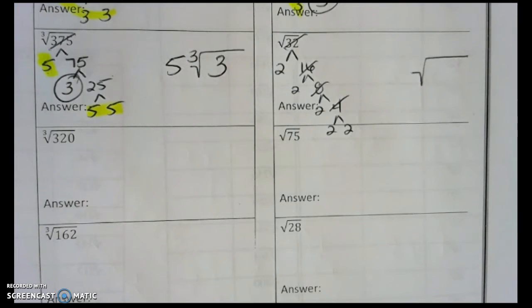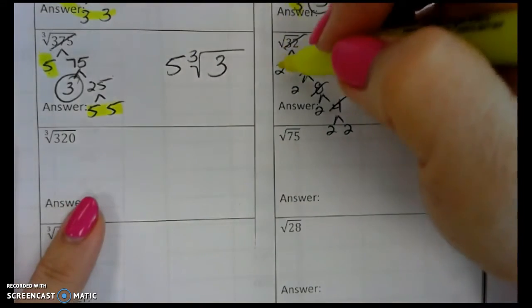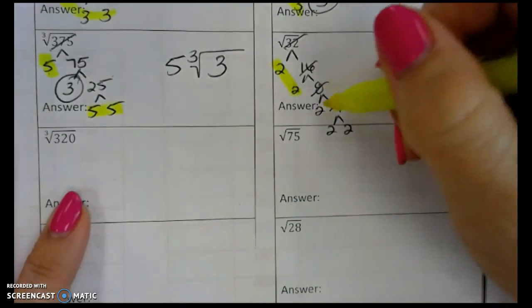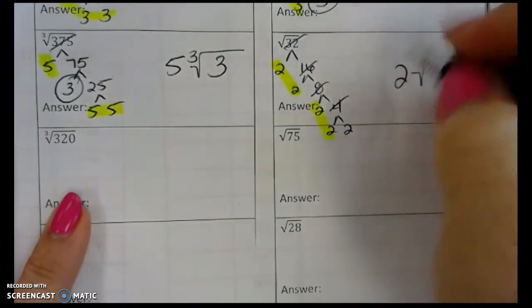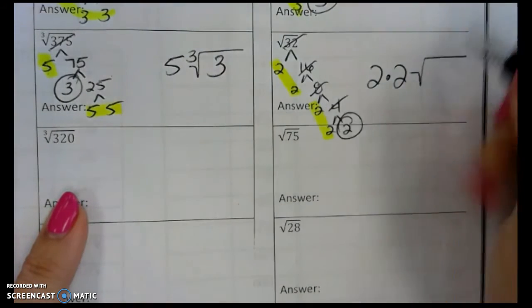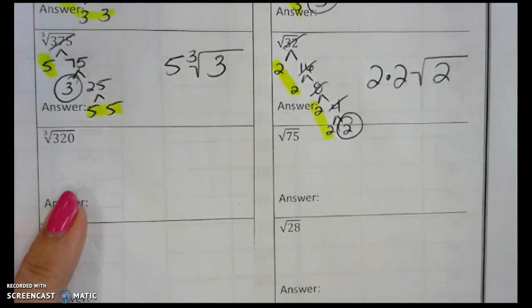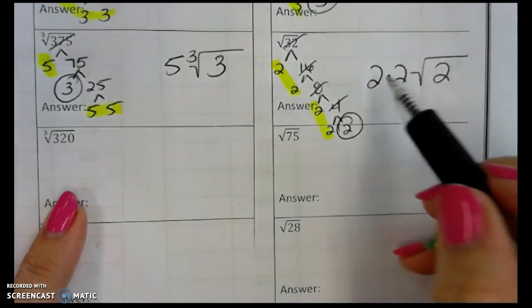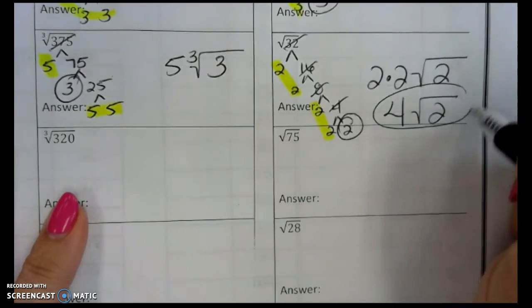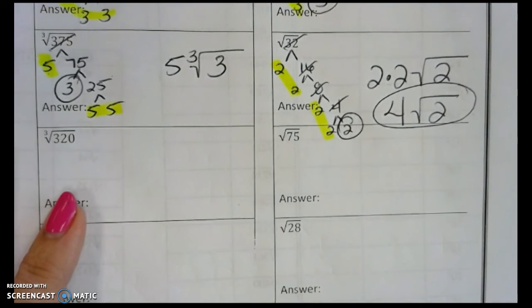I have 1 pair, so pull it out. I have a second pair, pull it out as well. Those have to be multiplied. And the leftover stays under the radical. So on the outside, I have 2 times 2. I can multiply that. And my answer is 4 square root of 2.